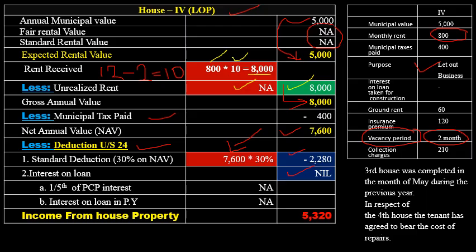So therefore interest on loan is considered nil. So the total income from house property in case of the fourth house is 5,320. Net annual value minus the standard deduction, the balance amount 5,320 is the income of the fourth house. So this is the solution for the fourth house.